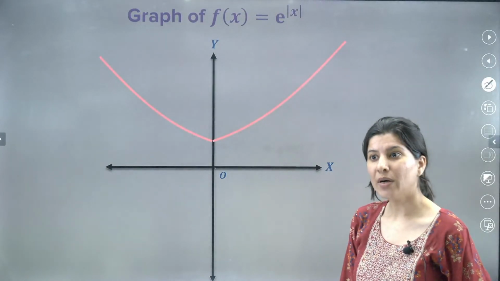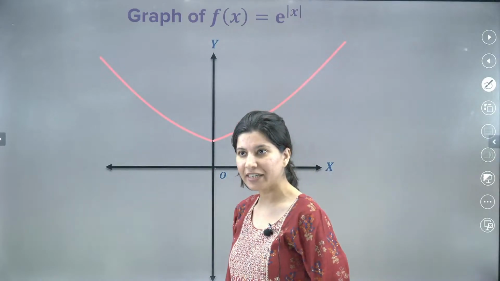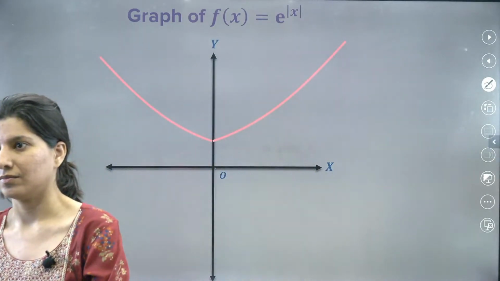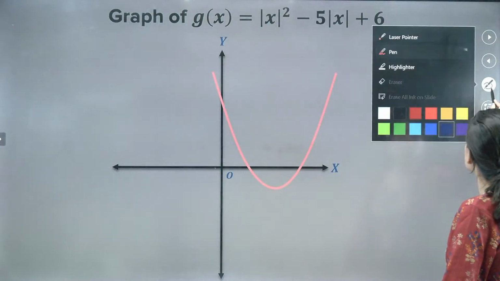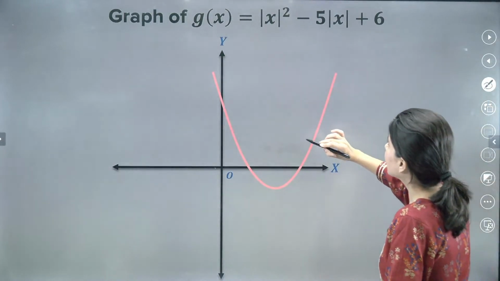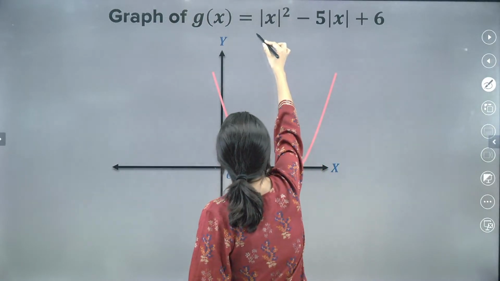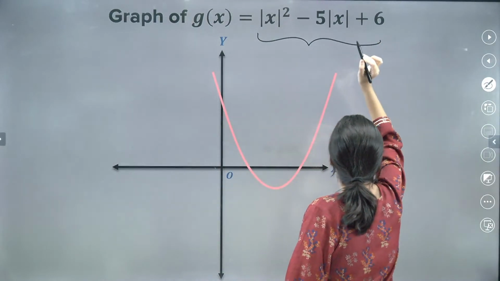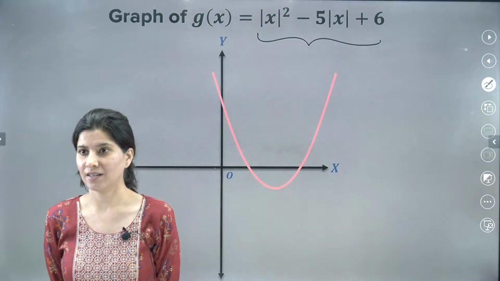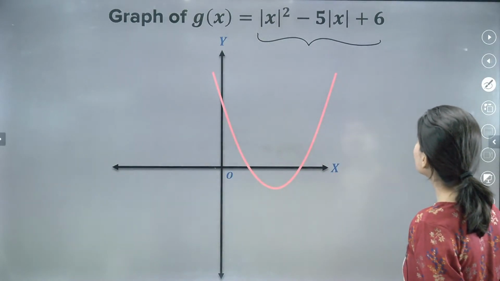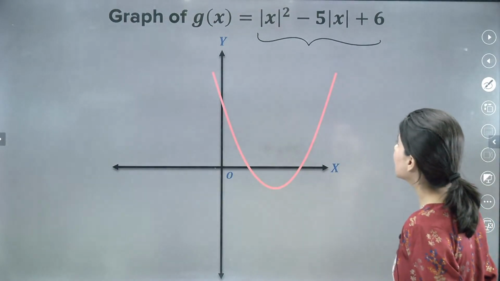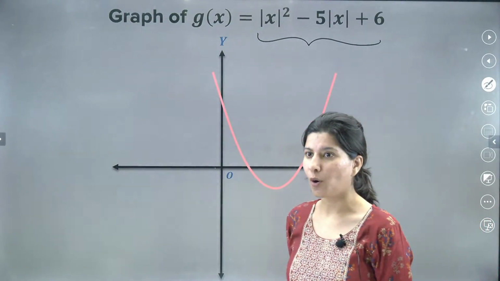Okay. Now another question. Are we ready for another question? All right, so the question says mod of x square minus 5 mod x plus 6. That is what we need to form.